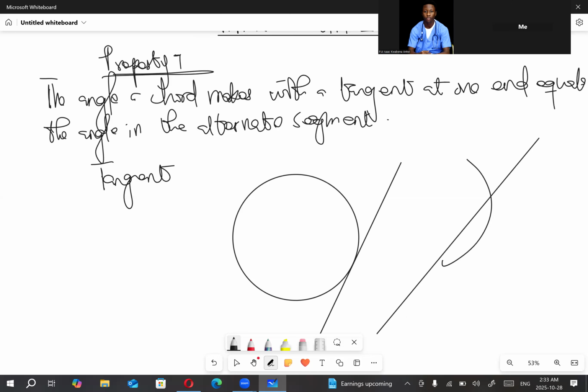No, sir, it's not a tangent. Why is it not a tangent? It has crossed the line. It has crossed what? Use the right tense. It has crossed the curve. Use the right words.